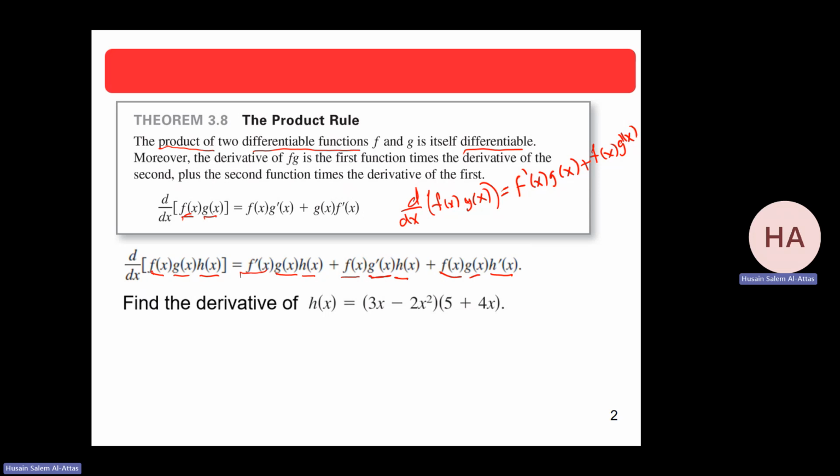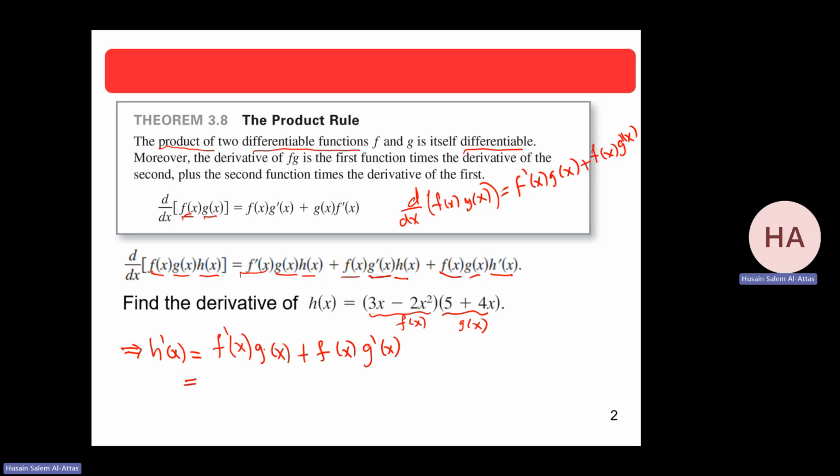Okay. Now let me do this. I have this one is f, and this one is g. Let me do it in details. So it will be h prime, the derivative of the first. Let me write the formula, f prime times g plus f times g prime.